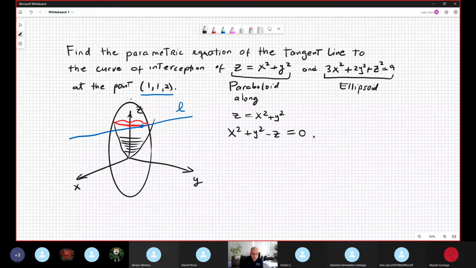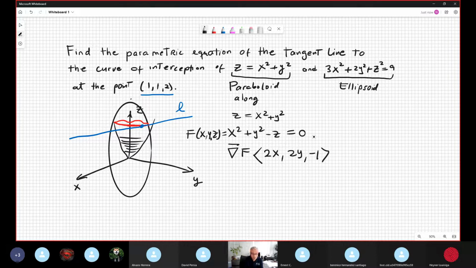Let me call this capital F of x, y, z. The gradient of F: partial derivative with respect to x is 2x, with respect to y is 2y, and with respect to z is negative 1.